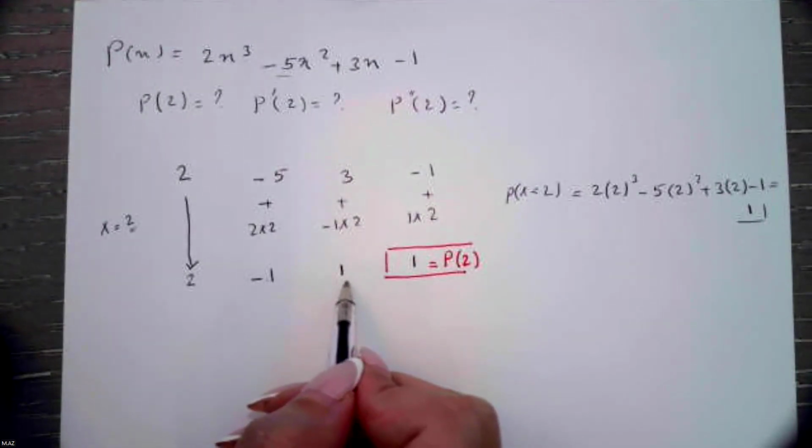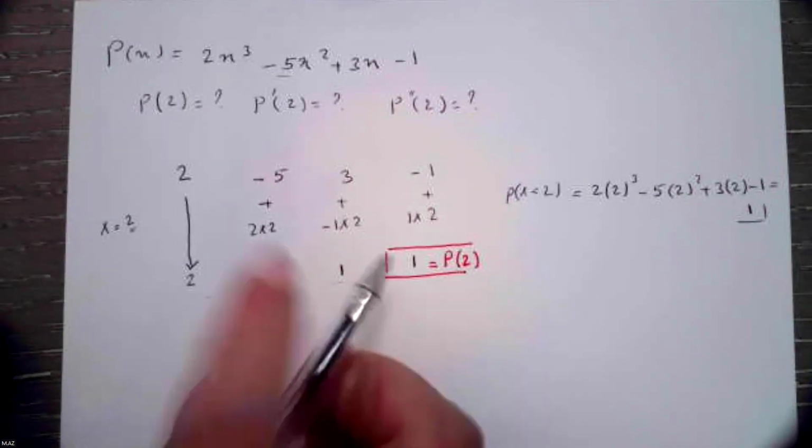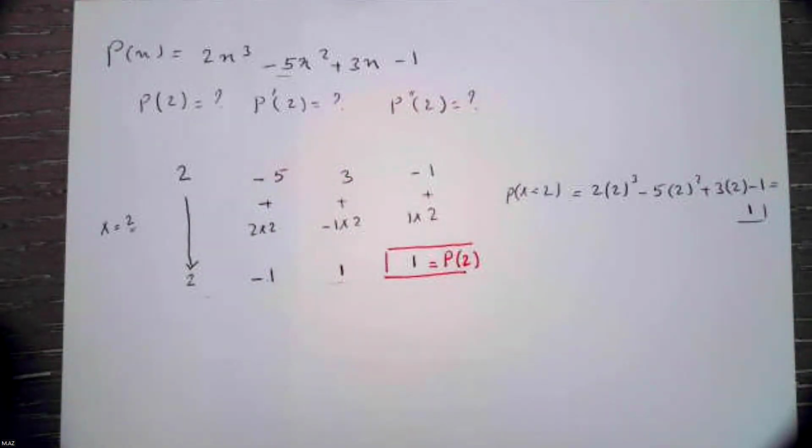This part is called the quotient for this polynomial function.